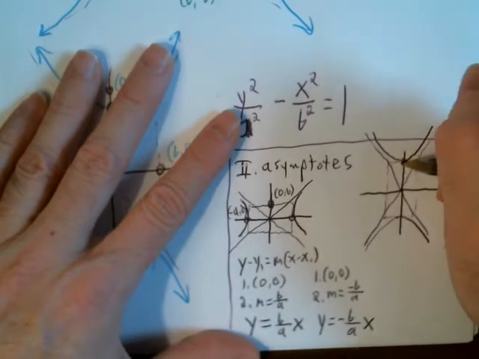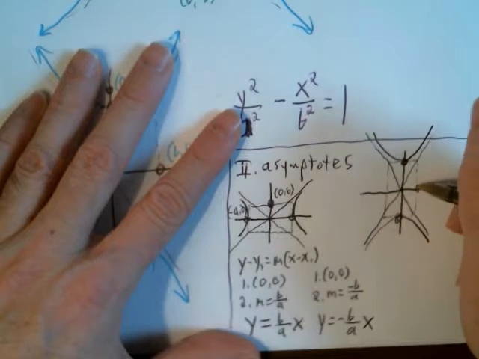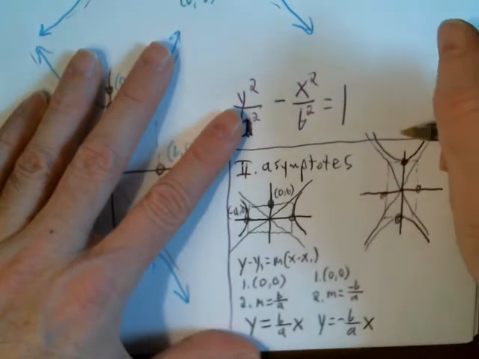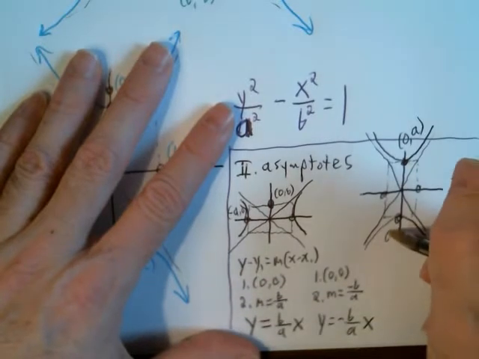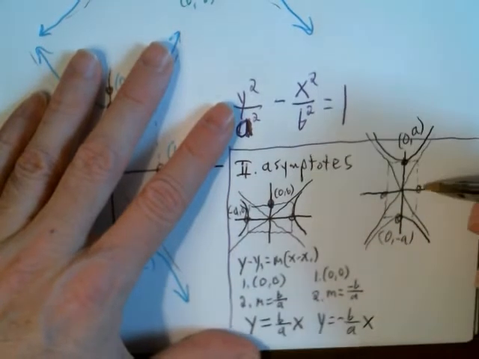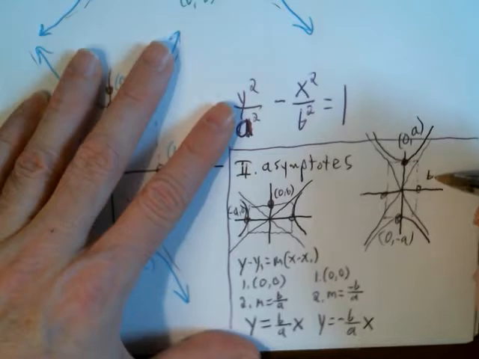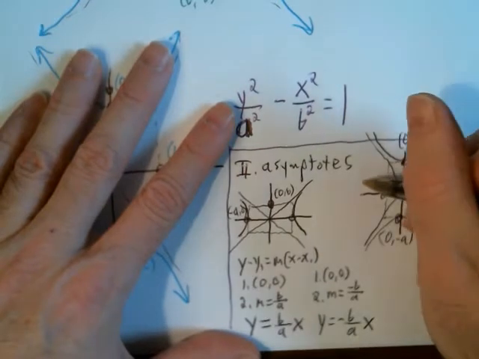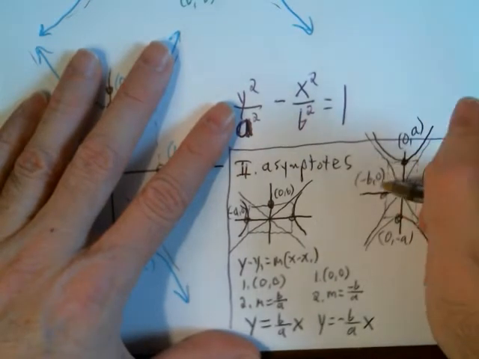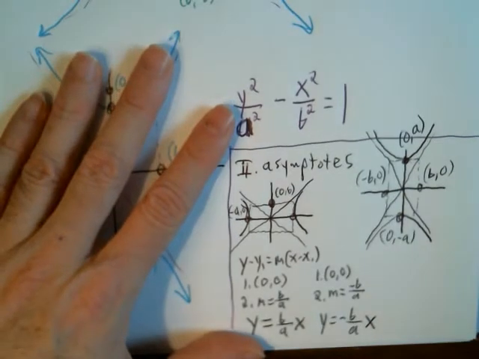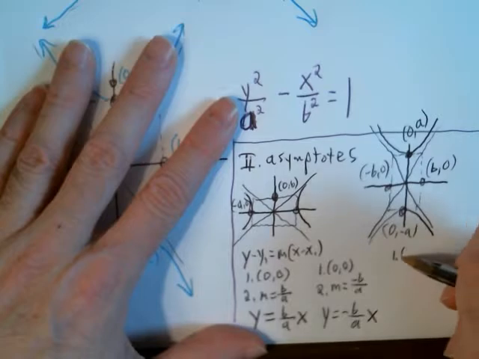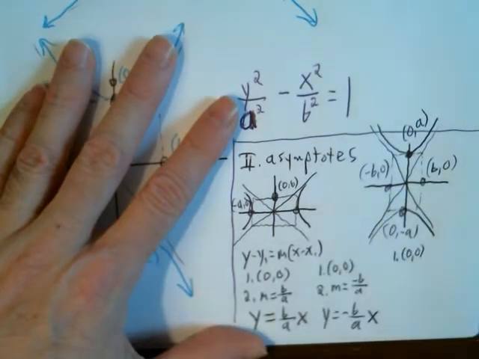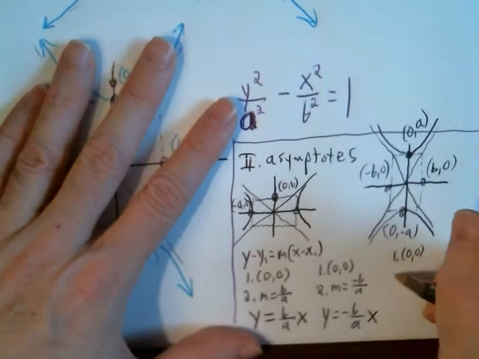In this orientation, this point here is (0, a), this point down here is (0, -a), and these side points are at the coordinates (b, 0) and (-b, 0). Again, both lines go through the origin (0, 0). We just have to figure out their slopes.